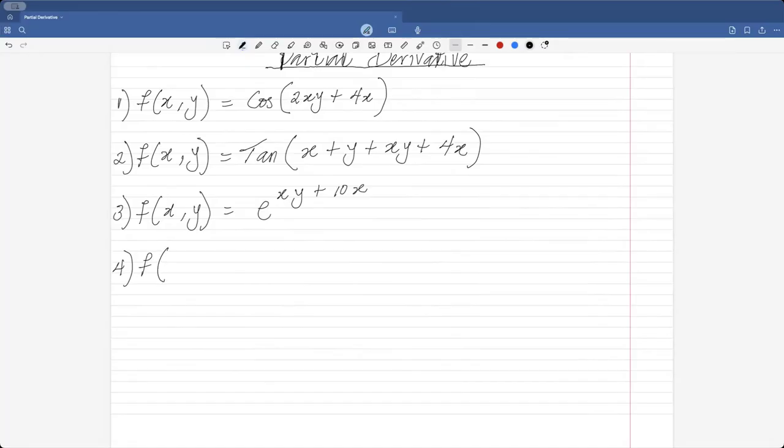And f(x, y, z) equals 2x plus 10xy plus 20xyz.